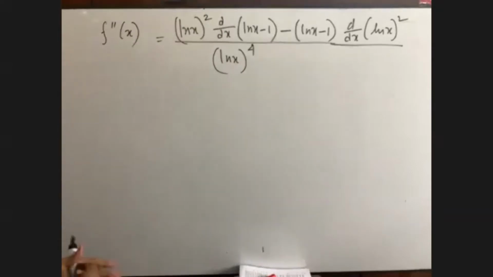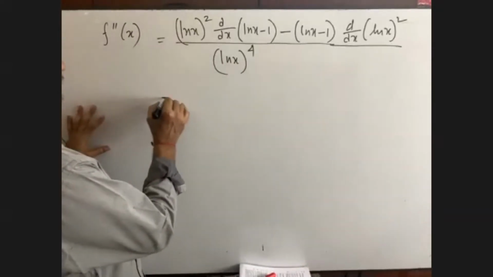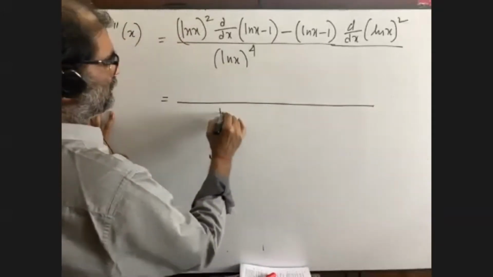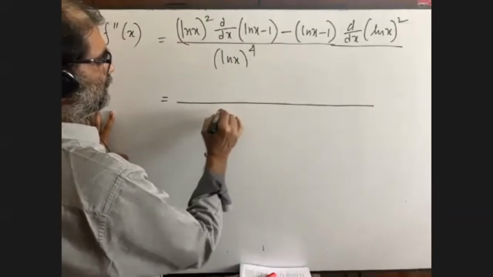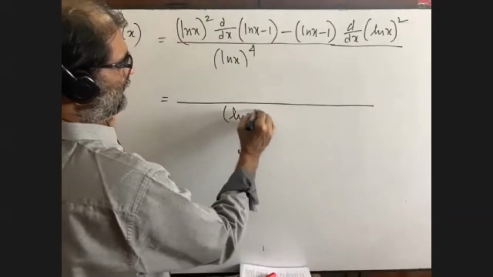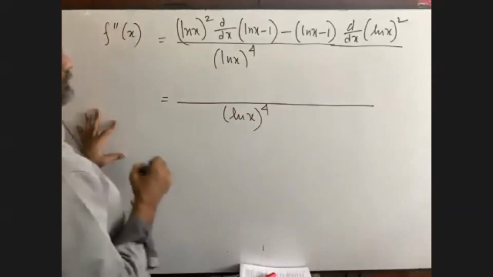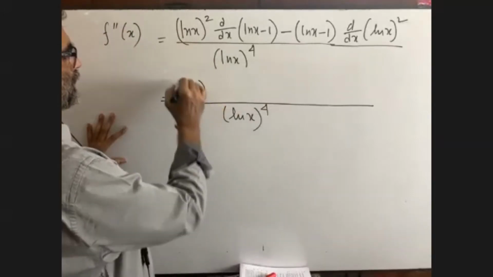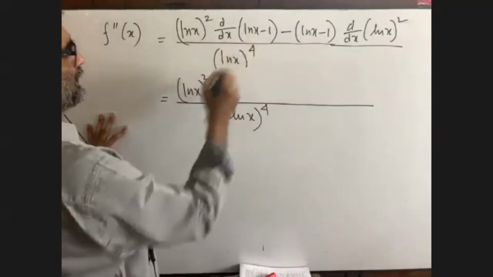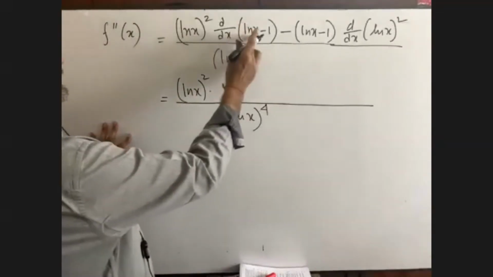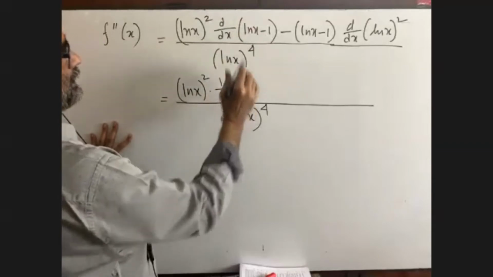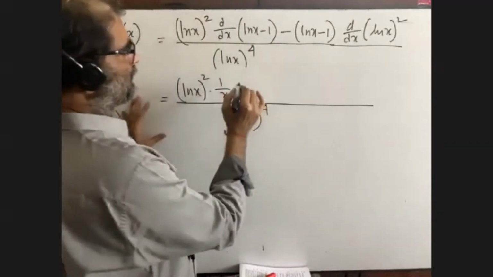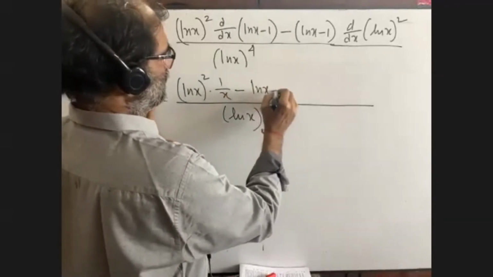But it is really very, very easy. Now we are getting here ln x whole to the power 4. Now it is ln x whole square, d by dx. What is the meaning? d by dx ln x is 1 by x, and it is minus 1. Minus 1 means what? 0. Minus ln x minus 1.